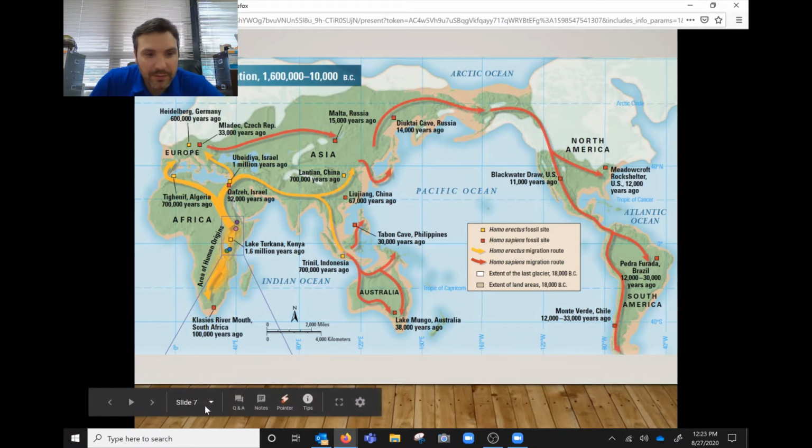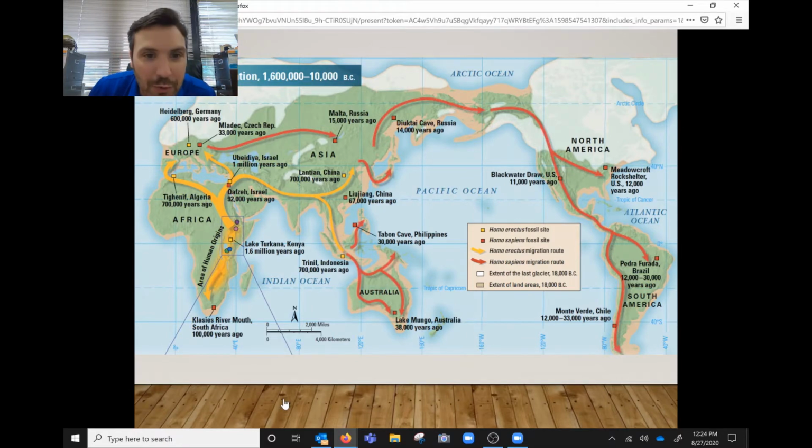One group of humans went left and one group of humans went right. And 1,000,000 years later, their ancestors met in North America when Europeans first met Native Americans.